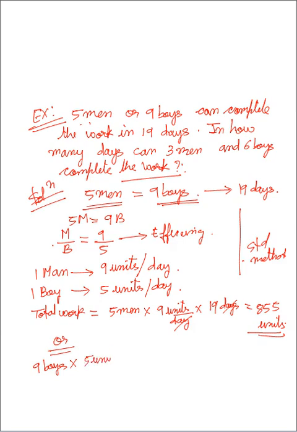The number of days is the same, 19 days. So 9 5s are 45 into 19, answer will be 855 only. So total work to be done is 855 units.